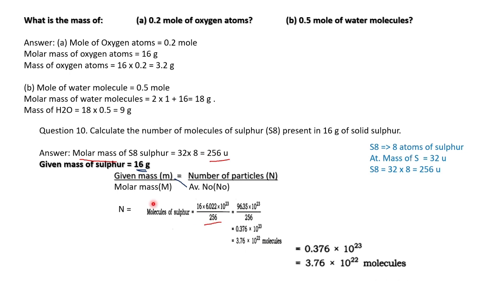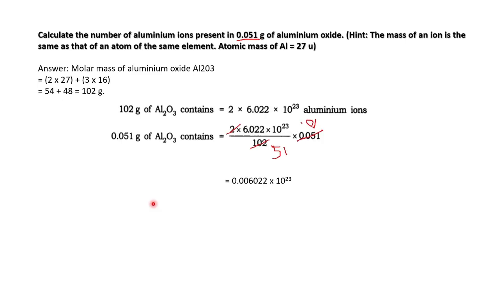Okay, next question. Calculate the number of aluminum ions present in 0.051 grams of aluminum oxide. Hint: the mass of the ion will be the same as the element, that is 27. The atomic mass of the aluminum ion will be 27. Answer: molar mass of aluminum oxide. First we should know how to write the formula of aluminum oxide, that is Al2O3.